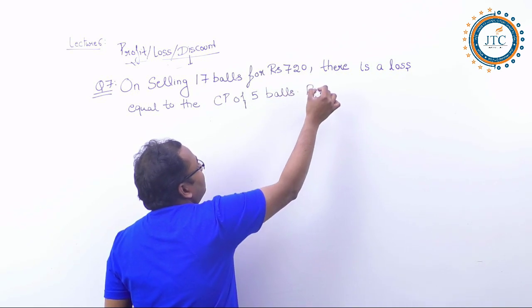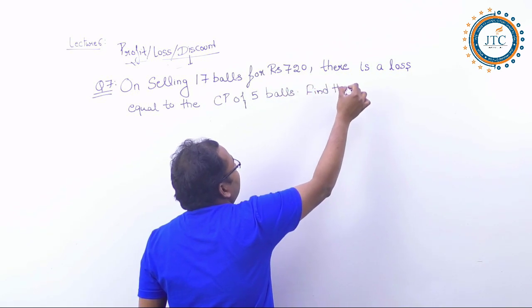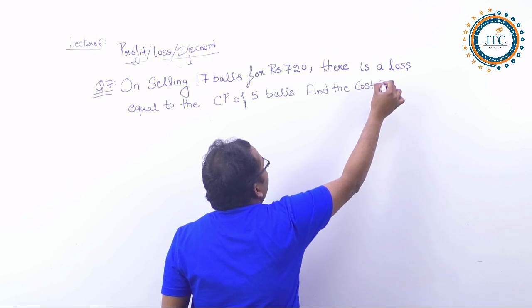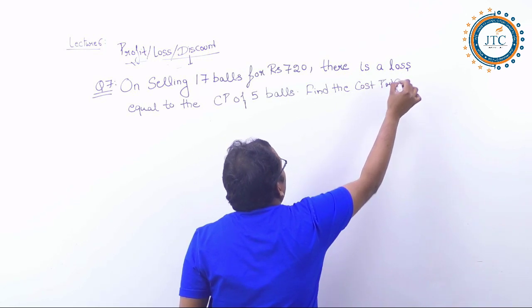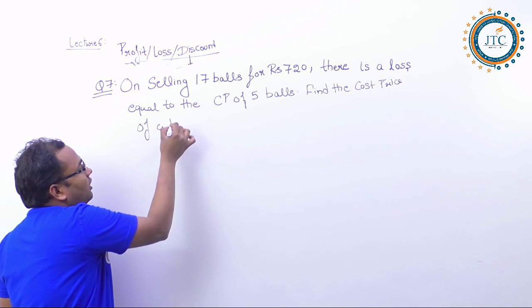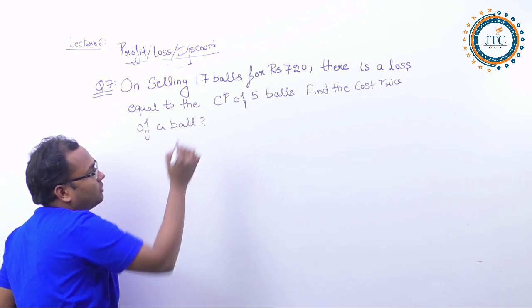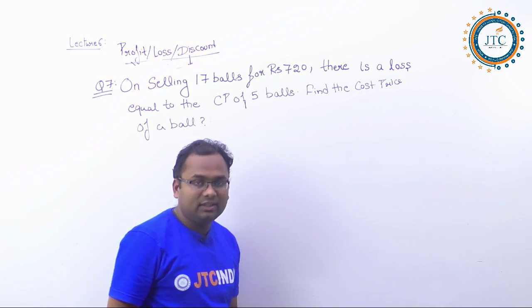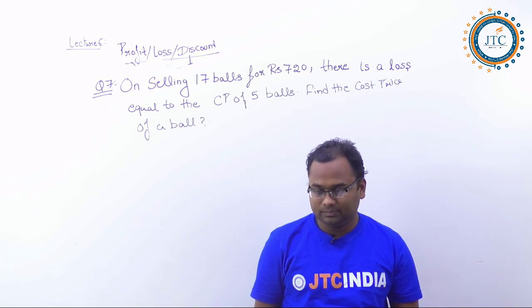So find the cost price of a ball. Basically we have to find the cost price of a ball. So try to solve this question, and what is the answer of this question? So find the cost price of the ball.